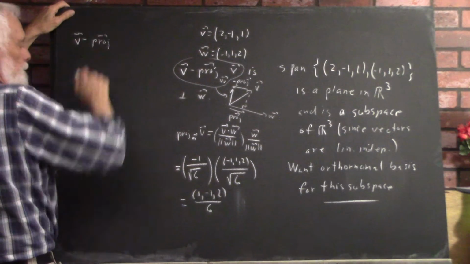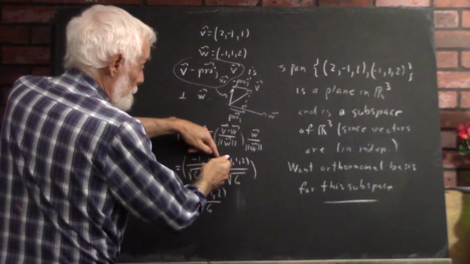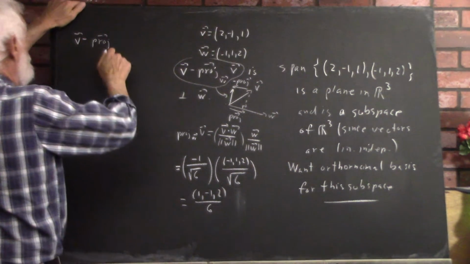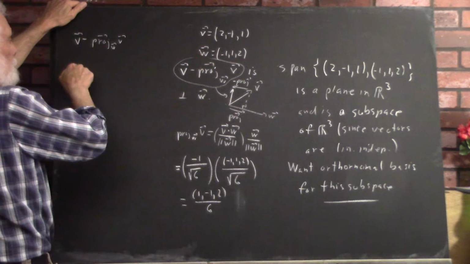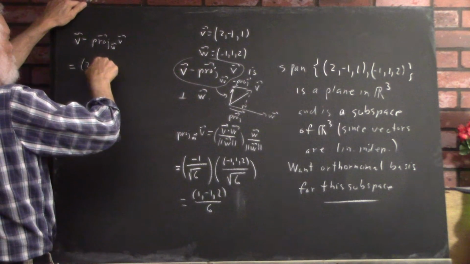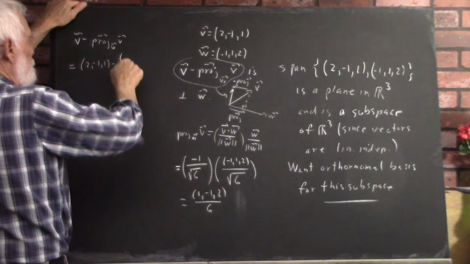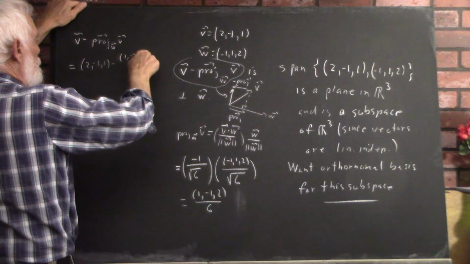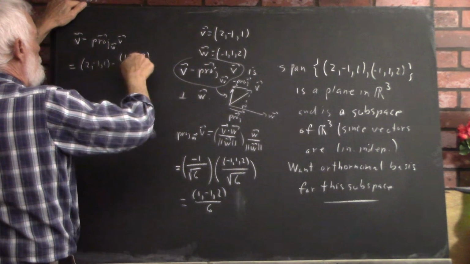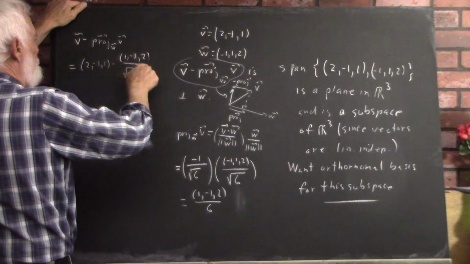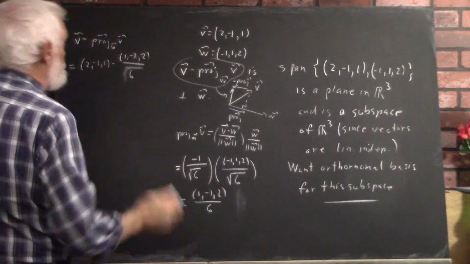I just wanted to say that the projection is parallel to W because it's a multiple of W. Okay, V minus the projection onto W is going to be 2, -1, 1 minus the vector 1, -1, 2, divided by 6.